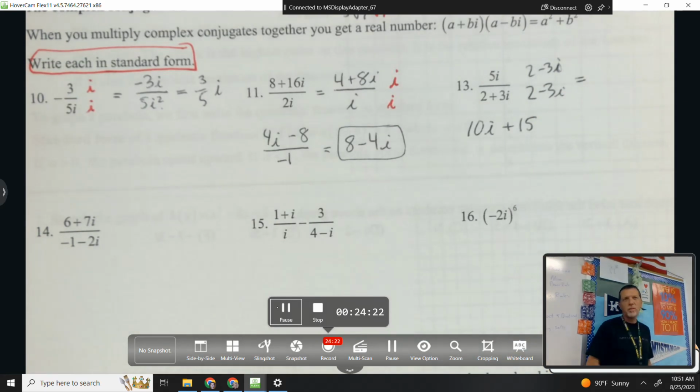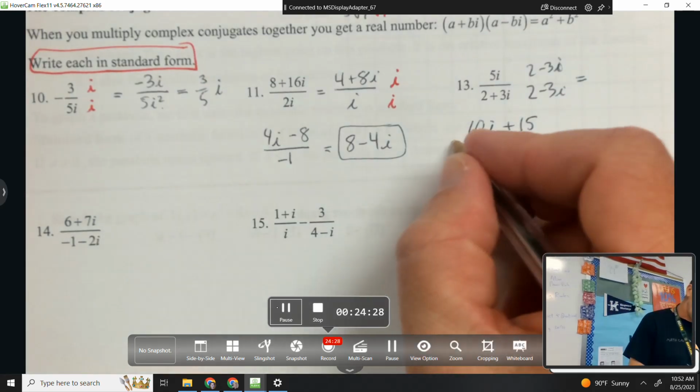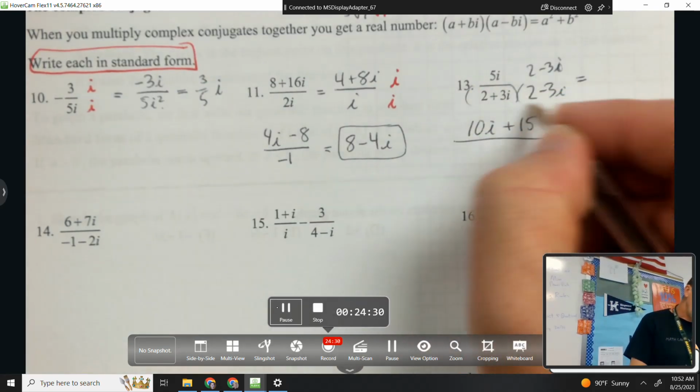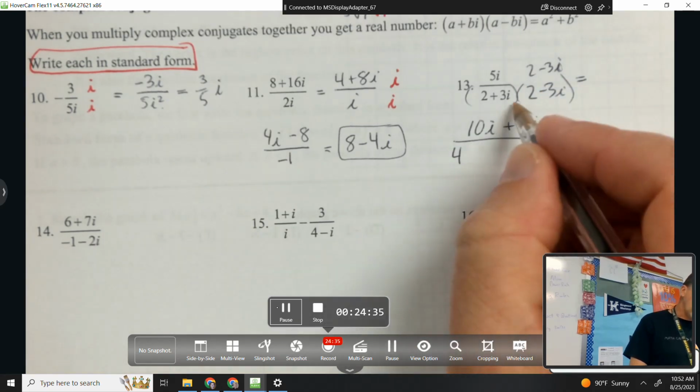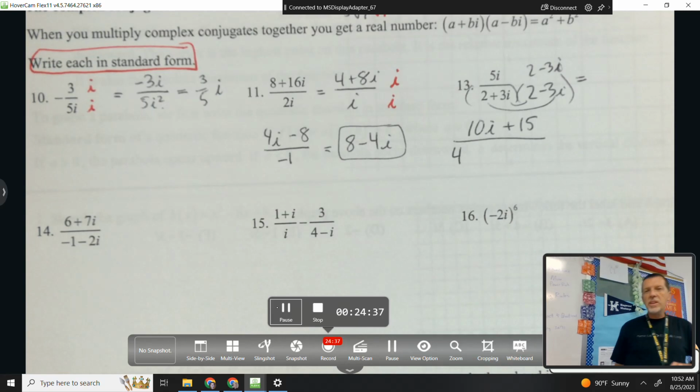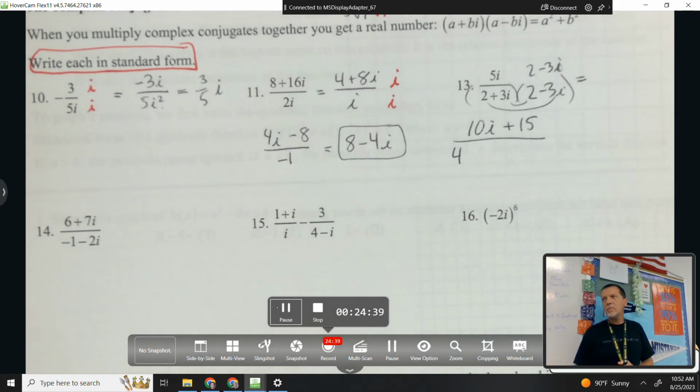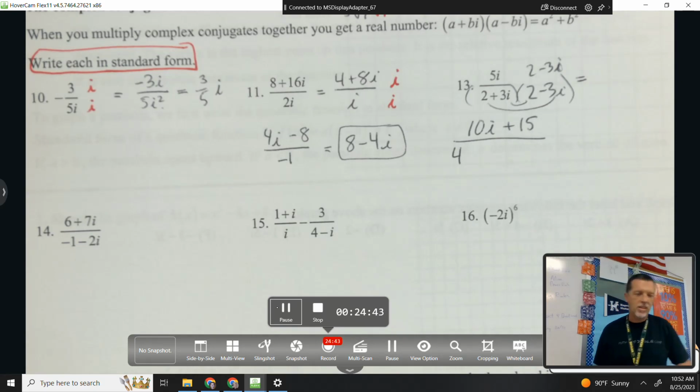That's probably poor on my part by not modeling the showing the work step there. And then in the bottom, 2 times 2 is 4. The O and the I of FOIL cancel out because they're conjugates. That's why we multiply by the conjugate to make that stuff cancel out.